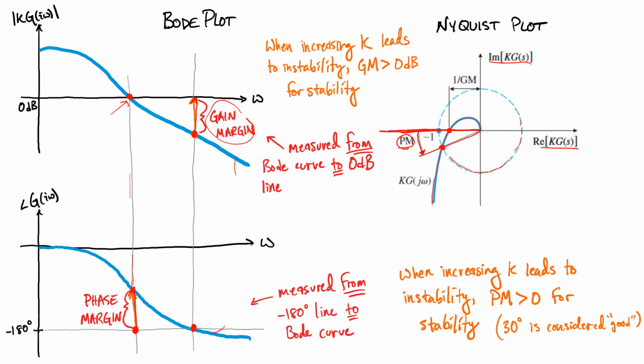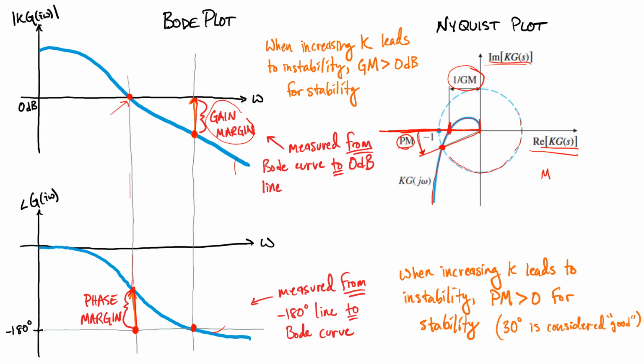This is now not in decibels. This distance, that is the magnitude right here, is 1 over the gain margin. Why that is, it's useful to think through.